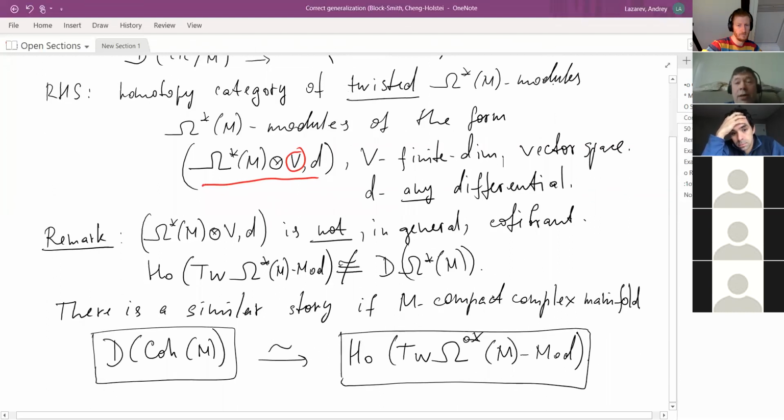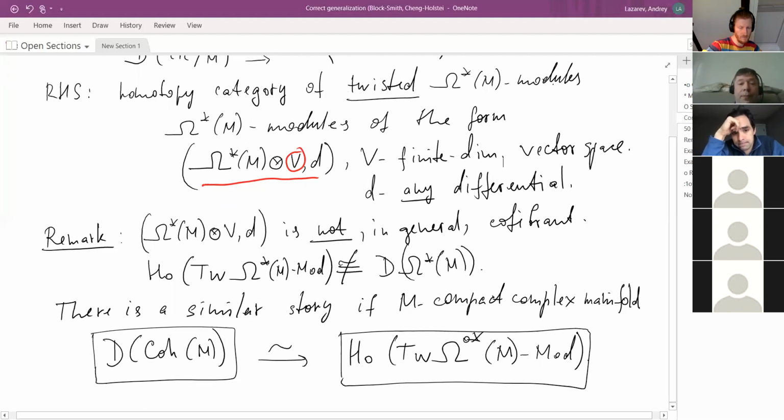So I've spent quite some time ranting and raving about twisted modules. Twisted modules play the role of cofibrant modules in the sense that the derived category of the second kind is formed by taking twisted modules and looking at their homotopy category, where morphisms are chain homotopy classes of maps.